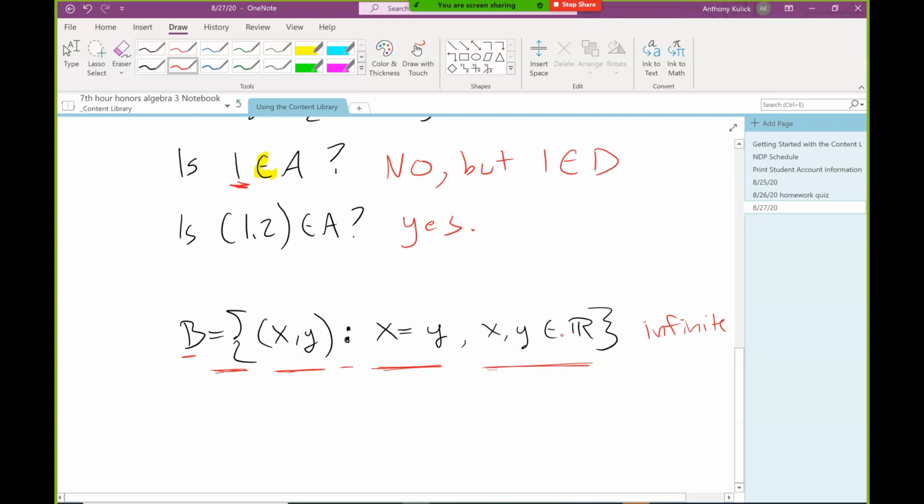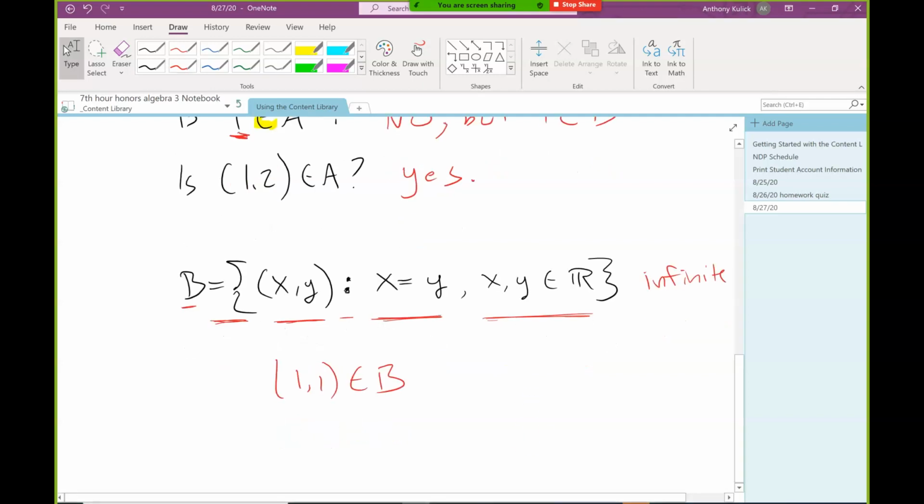So what's an example of an ordered pair that is in this relation B? Go ahead. 1, 1. Excellent. That's an ordered pair where the x and y coordinate are the same. Everybody's okay with that? What's an example of something that's not in this B? Yes, sir. 1, 2. Excellent.